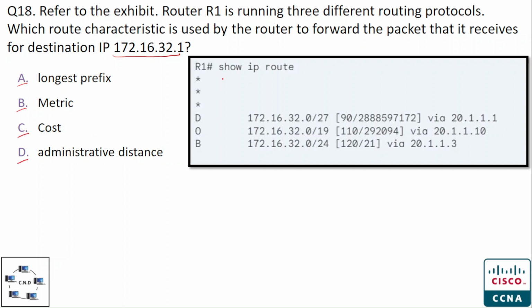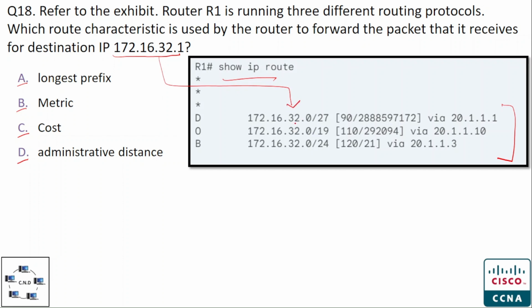So this is R1. This is the routing table of R1, and the routing table contains routes from three different routing protocols. The routes are 172.16.32.0/27, /19 and /24. So basically, this host is accessible through all these three routes.